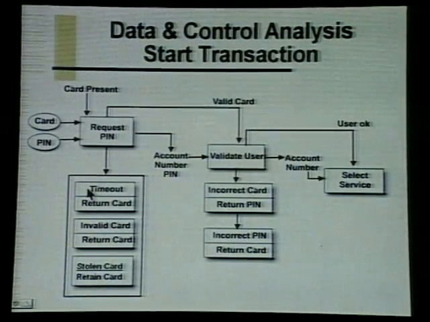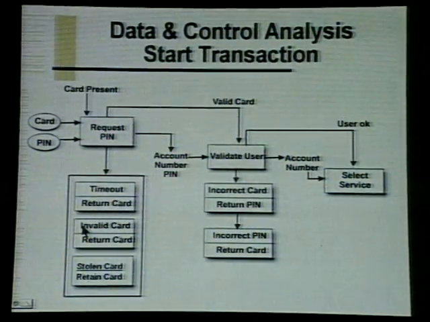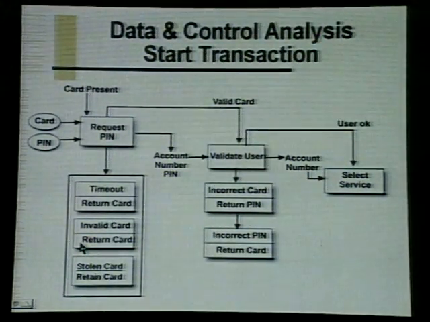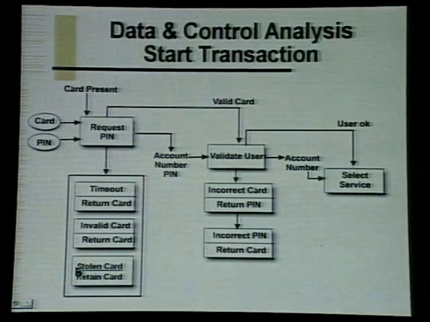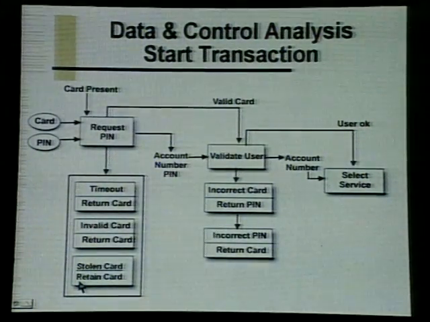So this is the exception and this is the action which should be taken by the ATM system. At the requesting PIN stage, more than one exception can happen. For example, the card inserted by the customer is an invalid card. In that case, the system should return the card. If the card inserted is a stolen card, then it is returned by the machine.